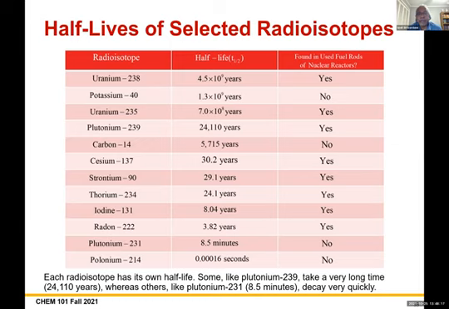For 6 half-lives, that means 6 times 29, which is around 200 years. So we have to wait till it decays to remove strontium-90 from biological accumulation in cow's milk, so the milk will be safe.